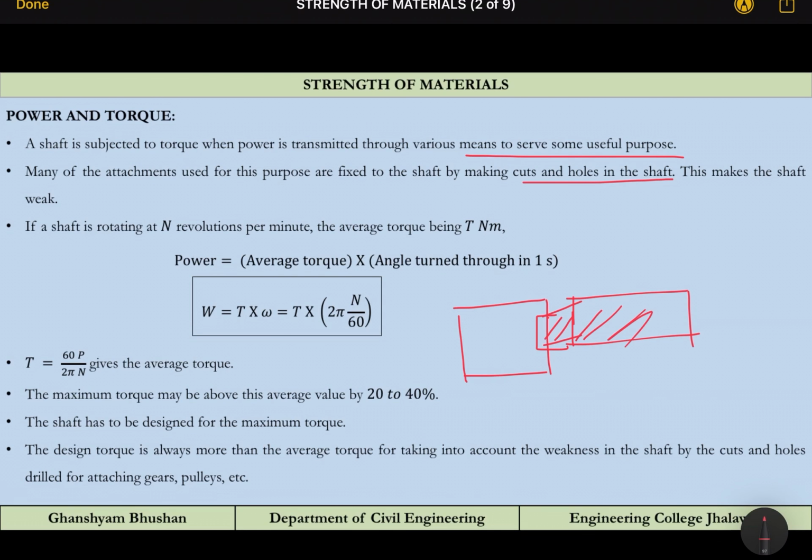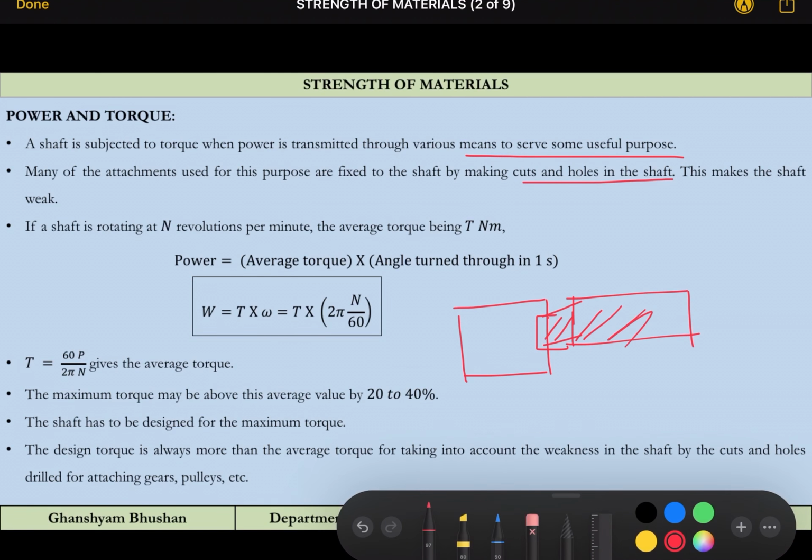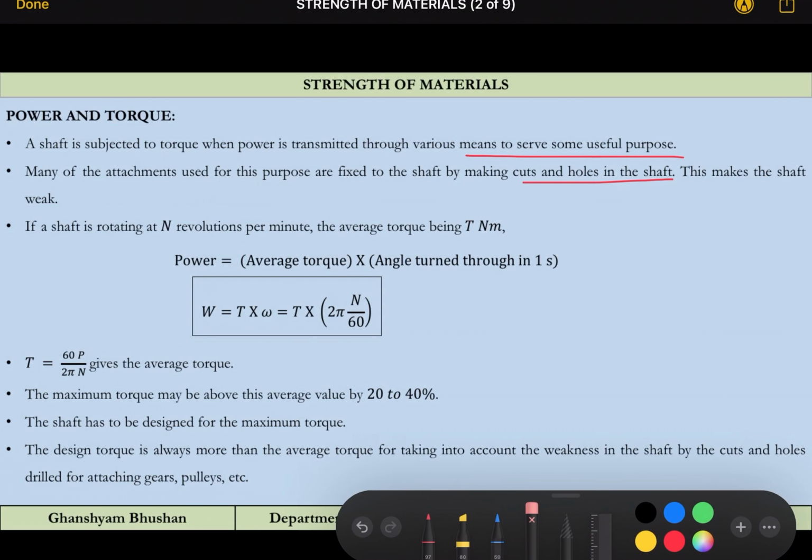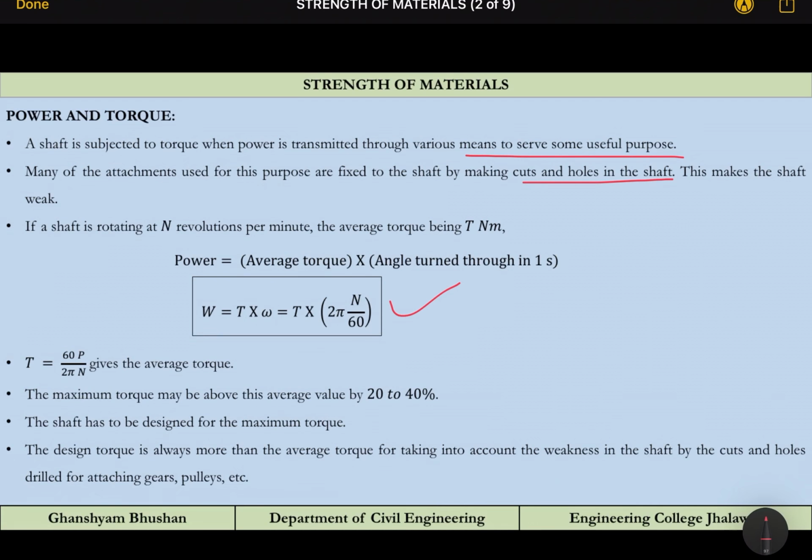Let us assume that a shaft is rotating at n revolutions per minute, and the average torque in Newton meter we are taking as capital T. How can we relate them? This relation is very common. Power is average torque multiplied by the angle turned through in 1 second.